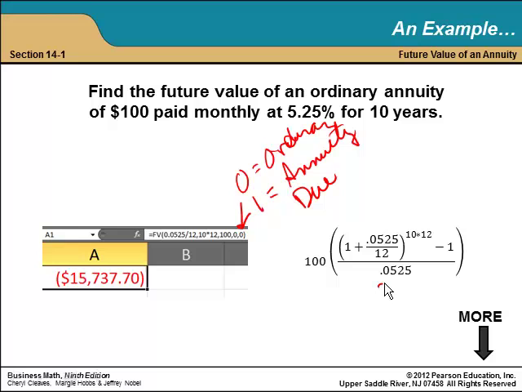Okay, so I forgot to divide by 12 here on the bottom again. So we've got 5.25%, $100 payments for 10 years monthly, 0.0525 divided by 12. And it makes sense you would have about $15,000 because you get $1,200 a year for 10 years, which would be $12,000.